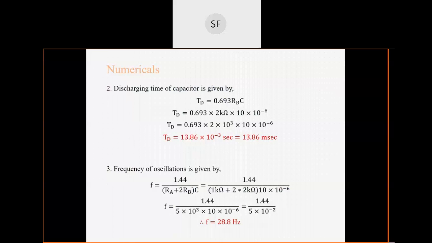Now similarly, you have to find out the values for frequency of oscillations. The frequency of oscillations of output waveform is given by this formula: frequency equals 1.44 divided by (RA plus 2RB) into C.